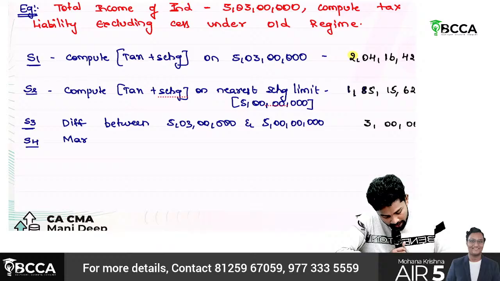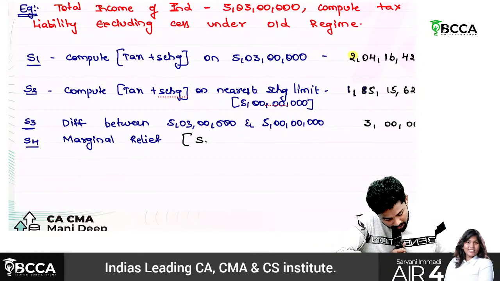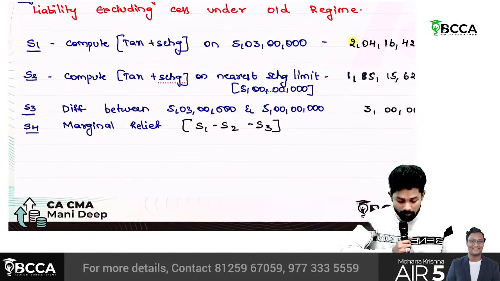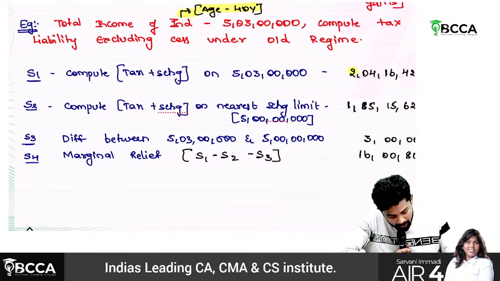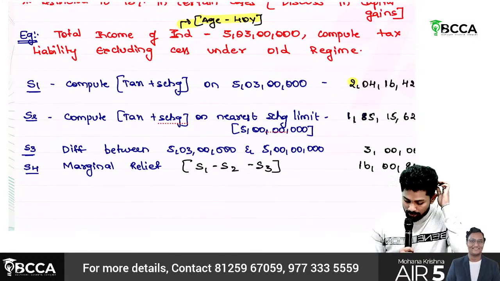Marginal relief is step 1 minus step 2 minus step 3. What is the marginal relief then? 16 lakh 800. Okay. Did the question ask for the marginal relief or the tax liability? Tax liability.